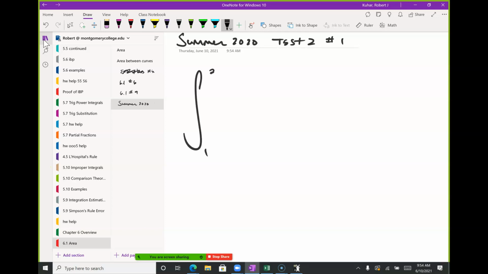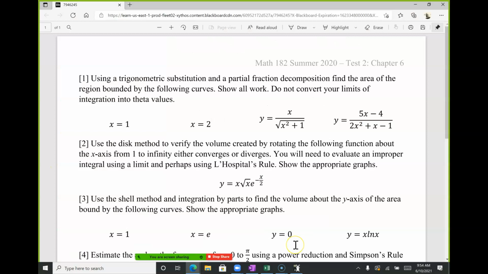I'm doing the integral from 1 to 2 of x over square root of x squared plus 1. I could do that as a u sub, but I'm asking for trigs. Minus 5x minus 4 over 2x squared plus x minus 1.